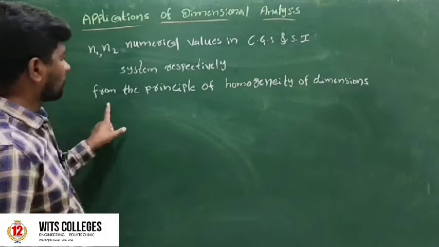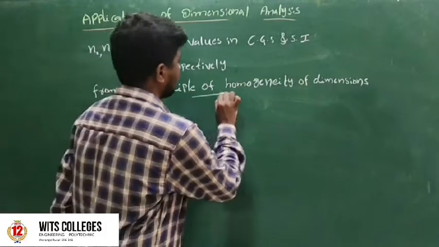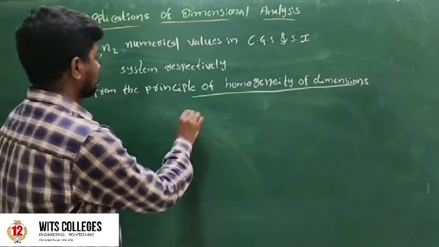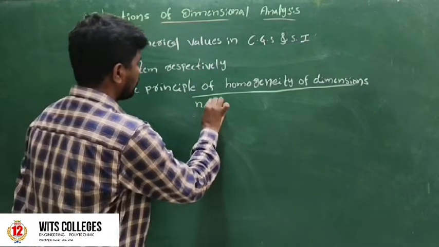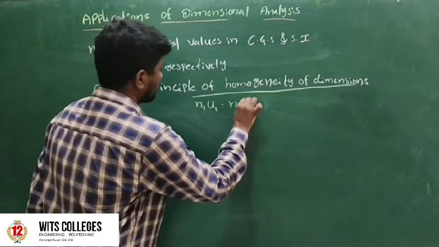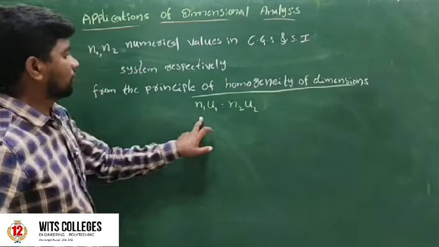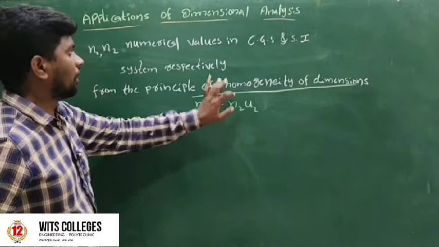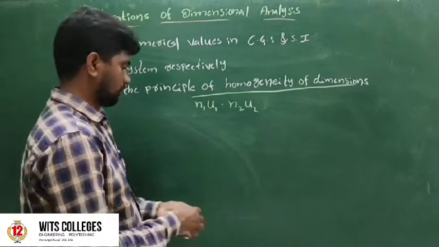Therefore, from the principle of homogeneity of dimensions, N1 U1 is equal to N2 U2. N1 and N2 are the numerical values, and U1, U2 are the units.